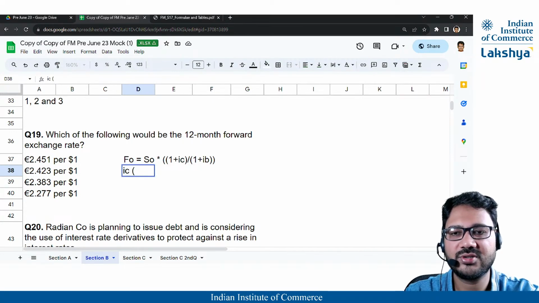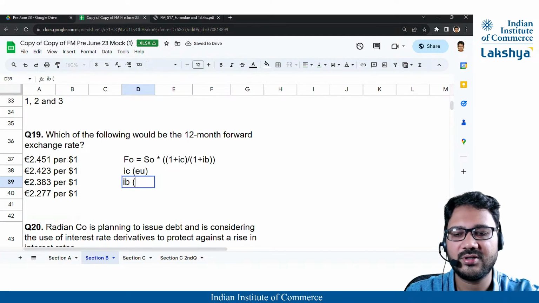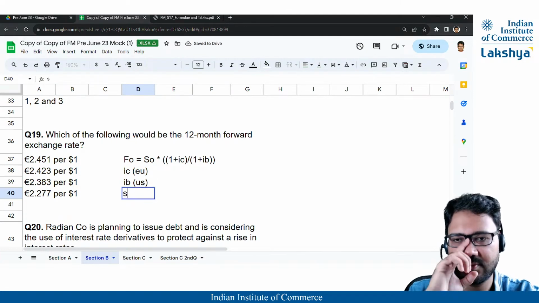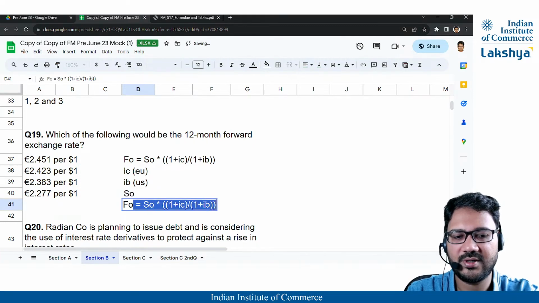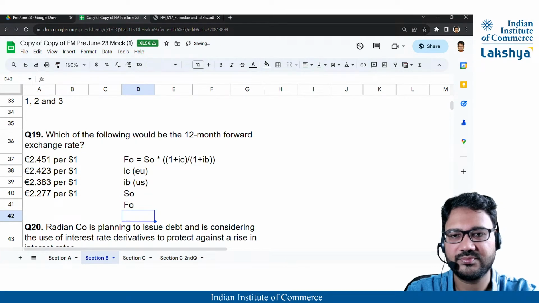So average interest rates in Europe and average interest rates in dollars, or in US. And then we need S0 also, and we can find F0 then.